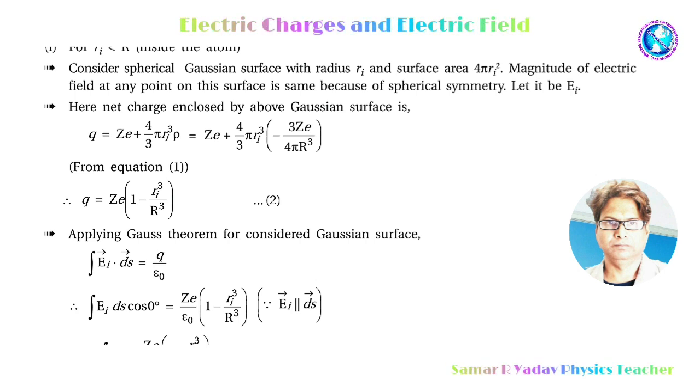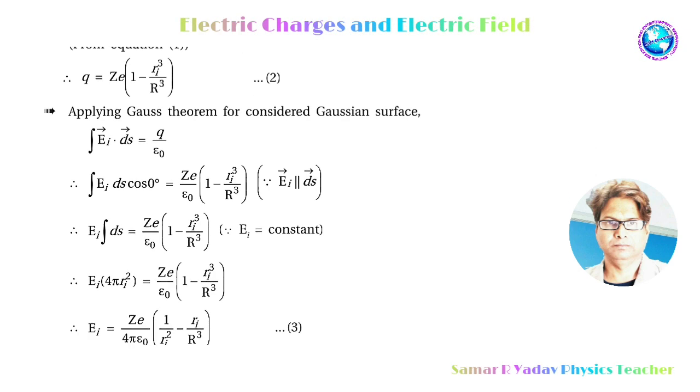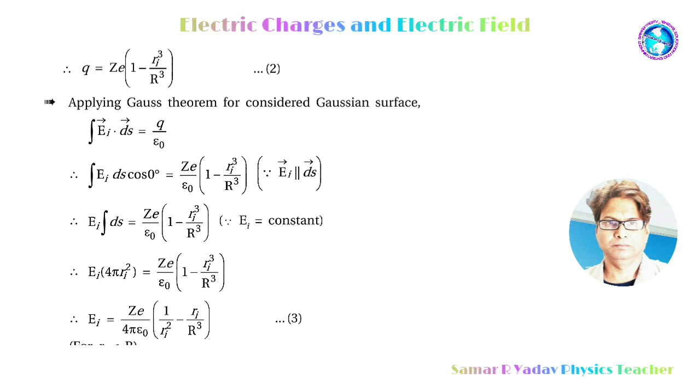Applying Gaussian theorem for the considered Gaussian surface, integration of vector Ei dot vector ds is equal to q upon epsilon 0. Therefore, integration Ei ds cos 0 is equal to capital Ze upon epsilon 0 in brackets 1 minus Ri cube upon capital R cube.